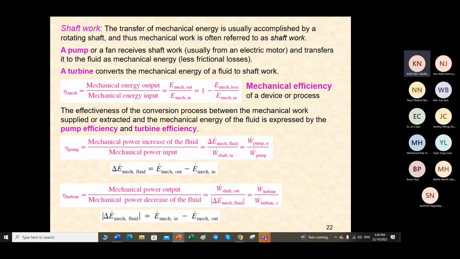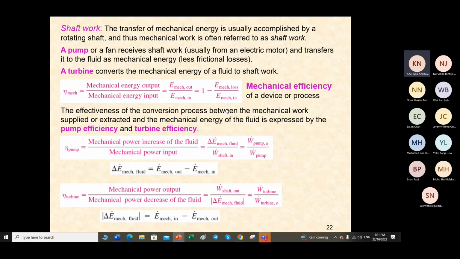It can be calculated by mechanical energy output divided by mechanical energy input. So E mechanical output by E mechanical input can also be written like this, because mechanical output is mechanical input minus the losses. So cancelling out, it is 1 minus E mechanical loss divided by mechanical input.